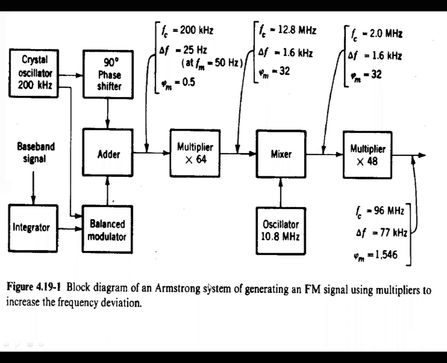How do you know it is 3000? 75 kHz by 25 is 3000. That should be the multiplication factor.